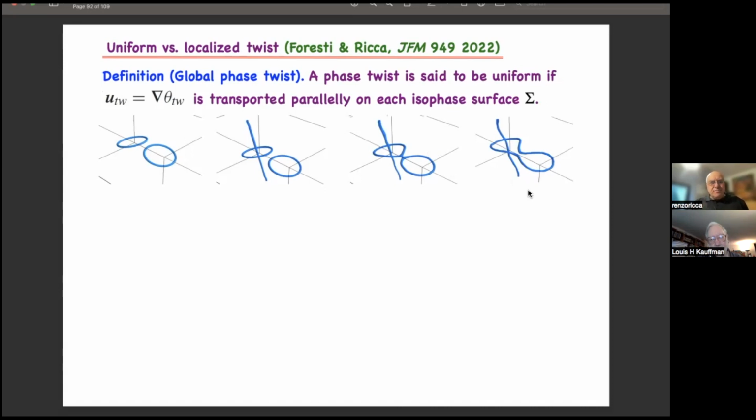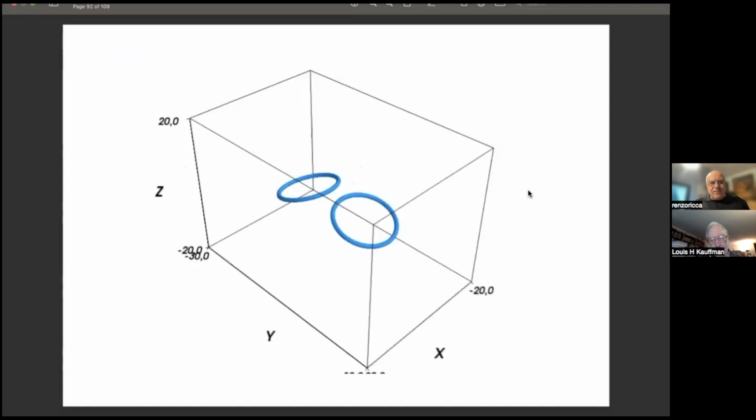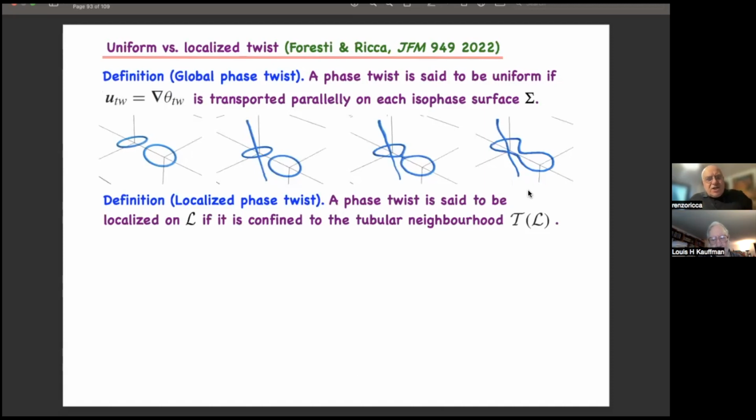But I promised there is maybe a new definition we can give, and this brings me to the end of my talk. And the definition is the following. This is the first picture of the movie I hope to show you. And the second definition is the following. What about having, I'm sorry to play with words here, a localized phase twist?